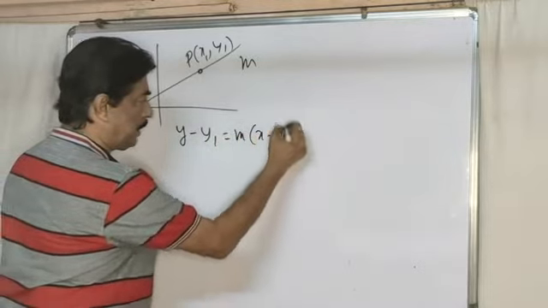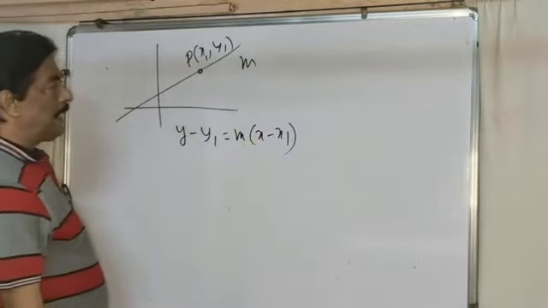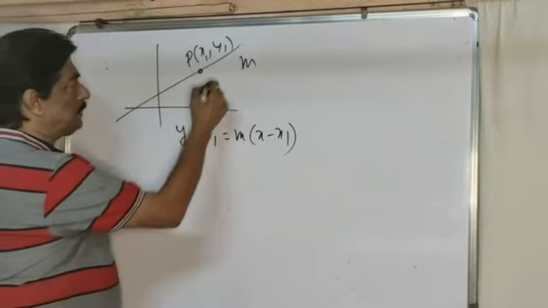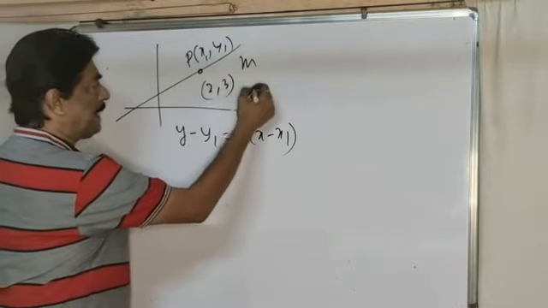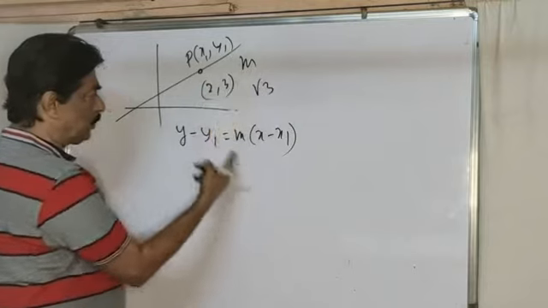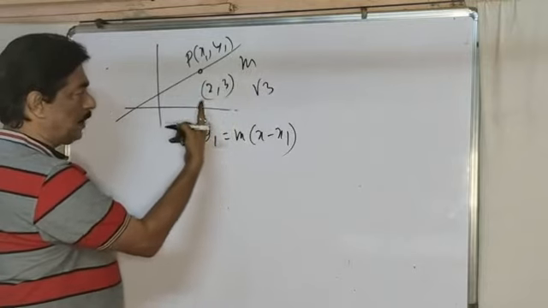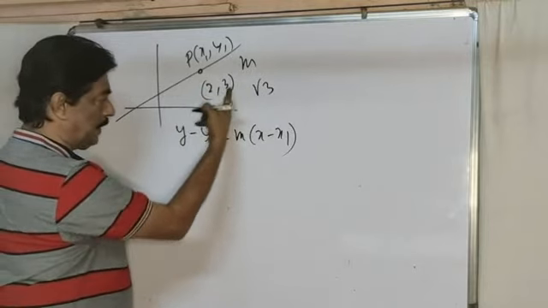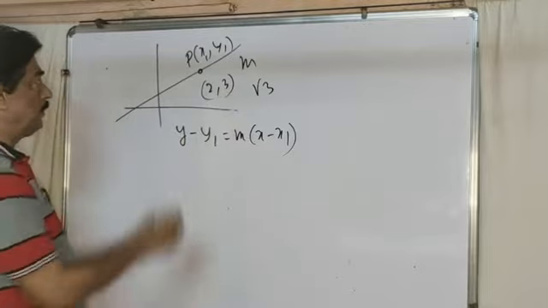If you can remember, you can do it within a second. Find the equation of the line which passes through the point (2, 3) and whose gradient is root 3. So m equal to root 3, x1 equal to 2 and y1 equal to 3. Put them in. Now this is theorem number 2.